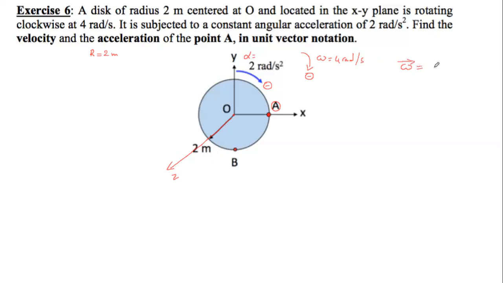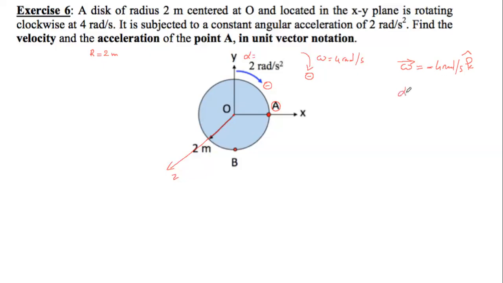In magnitude, it's 4 radians per second, sorry, not square. But in the negative direction, so it will be minus k hat. If this is rotating in the xy plane, the vector angular velocity is in the k direction. But because it's negative, you have a minus here. So this is the vector angular velocity.